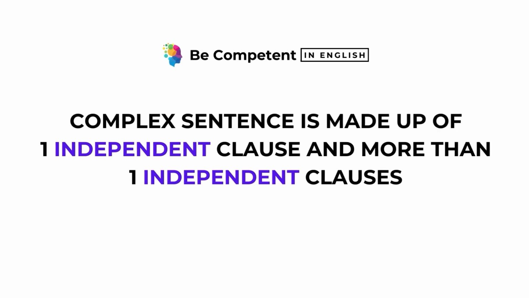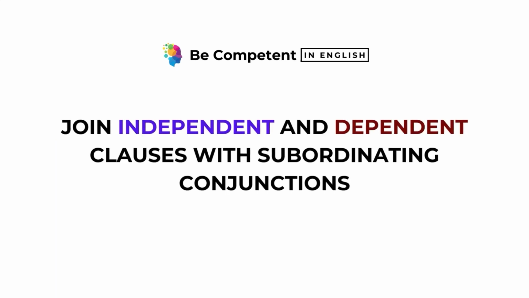A complex sentence is made up of one independent clause and one or more dependent clauses. And we join the independent clause and the dependent clause with subordinating conjunctions. There are many subordinating conjunctions, and they indicate different purposes.